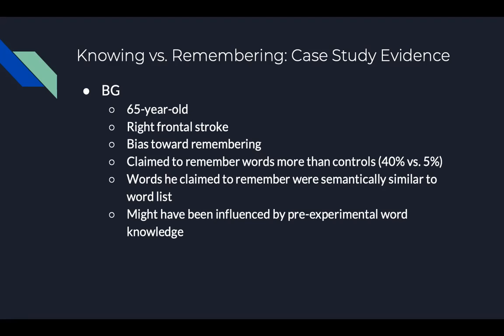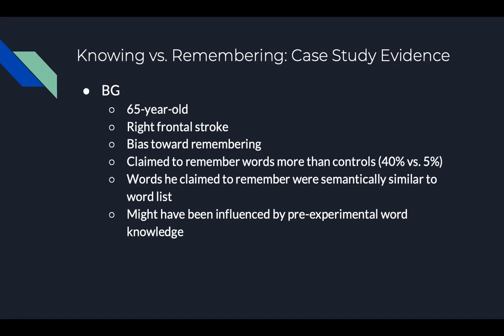Experimenters found this pattern when they were giving him a list learning task, a classic cognitive psychology experiment. BG was given a list of words presumed to be familiar to him, nothing totally obscure or random.